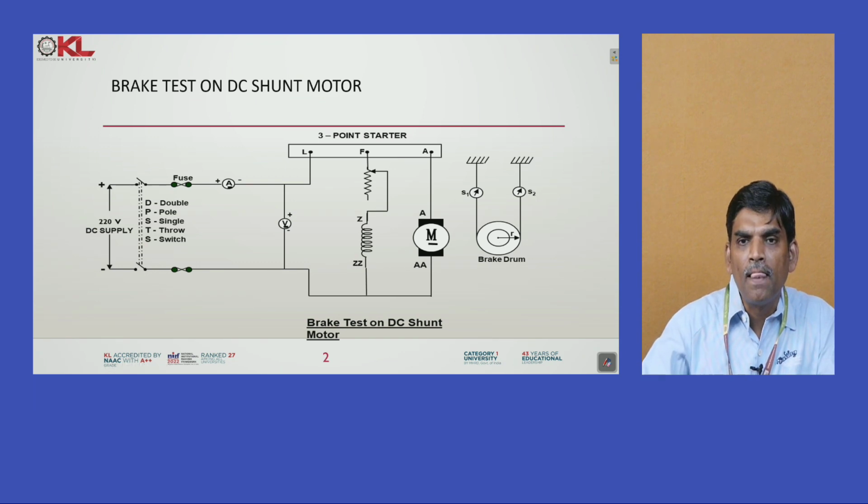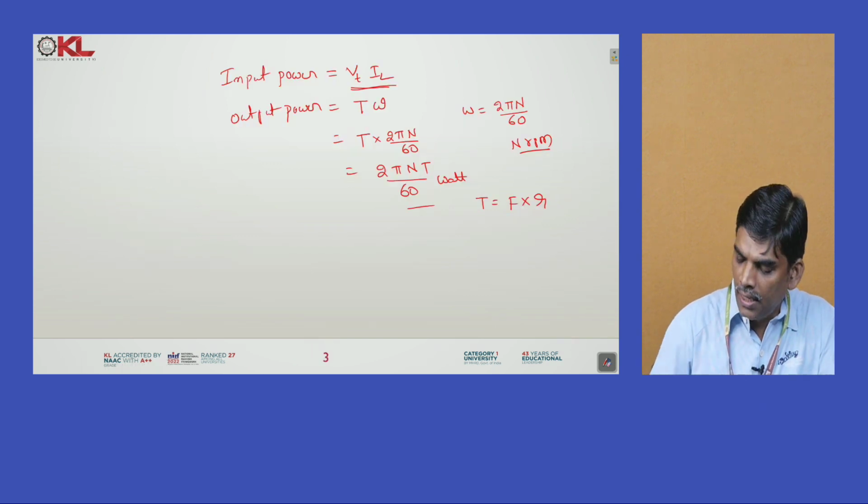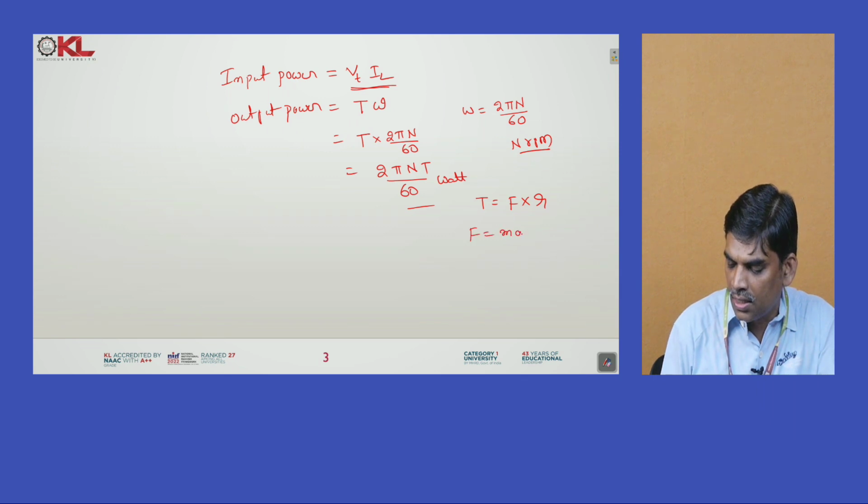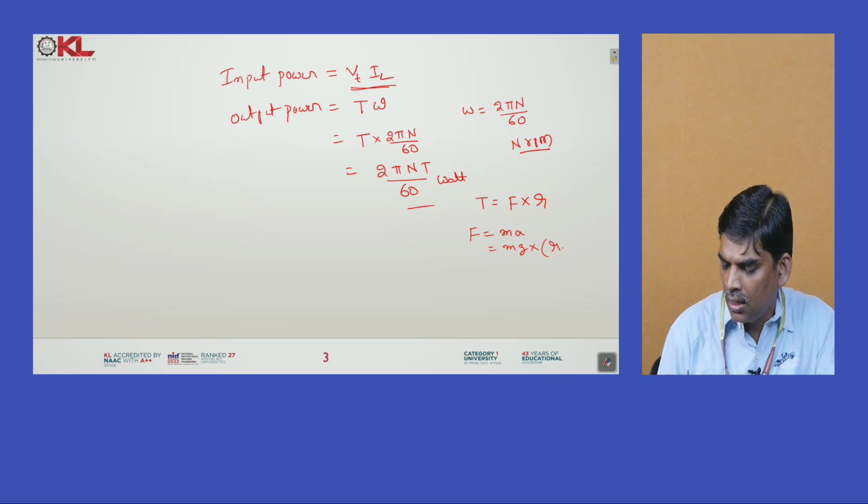Generally we know the formula F is equal to mass into acceleration, but here we take mass into gravitational acceleration, mg. So mg into r; in the practical way we take the radius of the pulley, and for accuracy we can also consider the thickness of the belt, taken in meters.